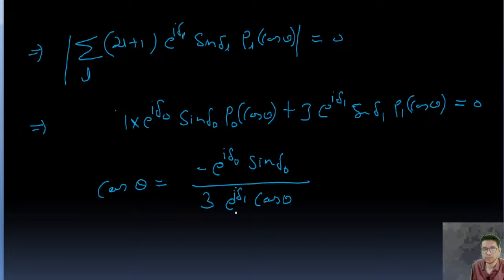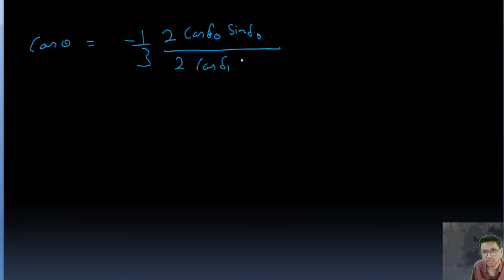This is going to be 2 cos delta 1 and sin delta 1. This is sin delta 1, guys. Right? So 2 cos delta 1 sin delta 1. Cos theta is here. So I have multiplied by 2, divided by 2.